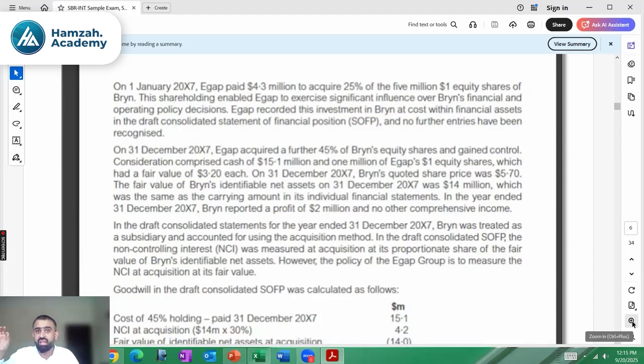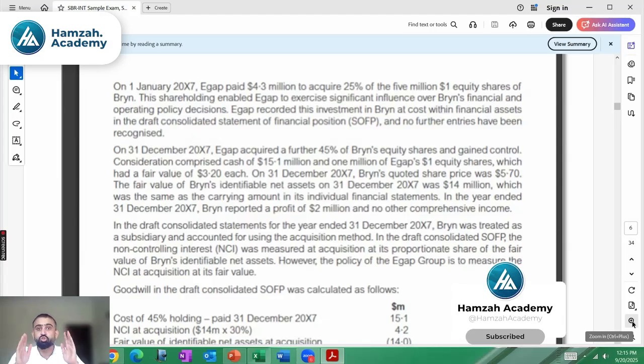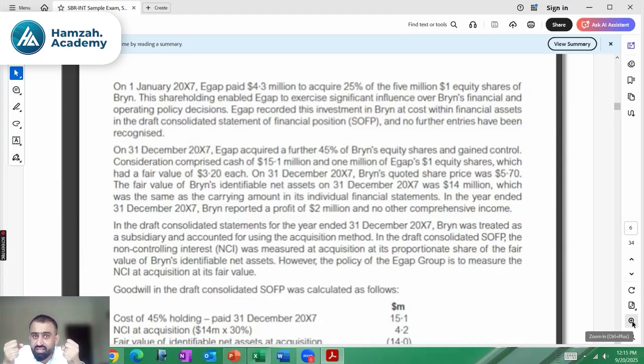According to IAS 28, which tells us about the equity method, which is applicable on investment in associate and joint venture. So treating it in a consolidated financial statement as simply a financial asset is totally wrong. It should be treated as an equity investment, first of all.